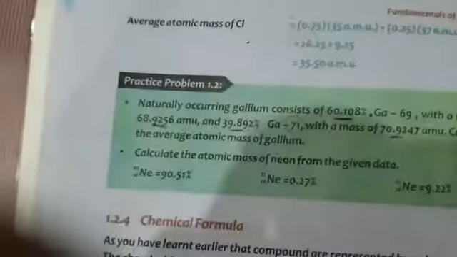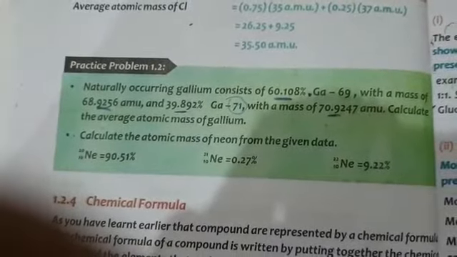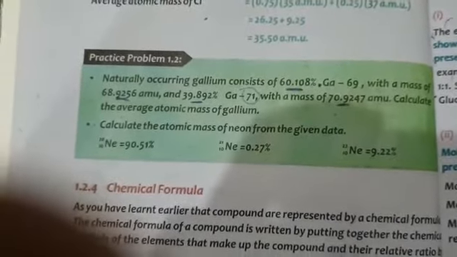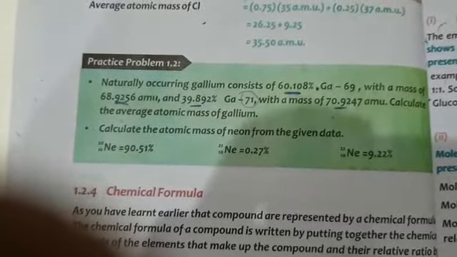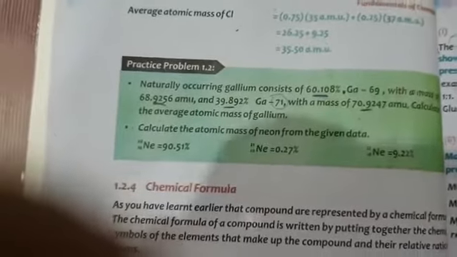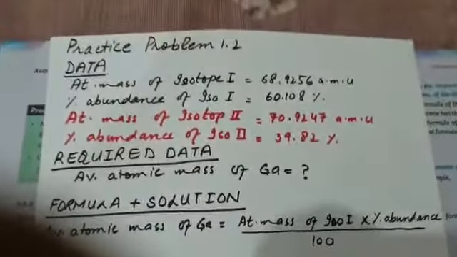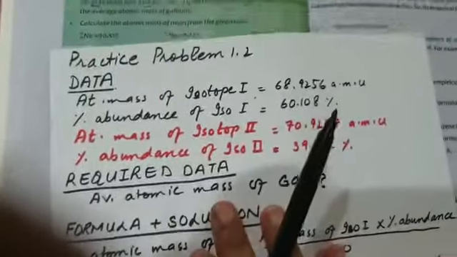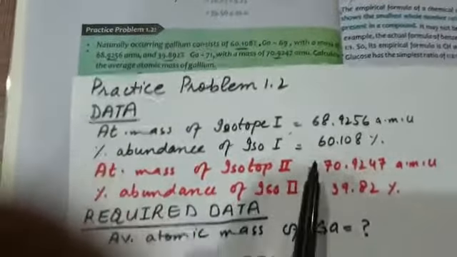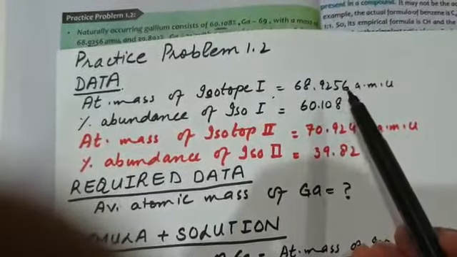Now, you have a problem in the book, and that is practice problem 1.2. It has two numericals, and the first numerical is about gallium. We can calculate it in such a way: the atomic mass of isotope 1 is given in the question, so this is 68.9256 AMU.